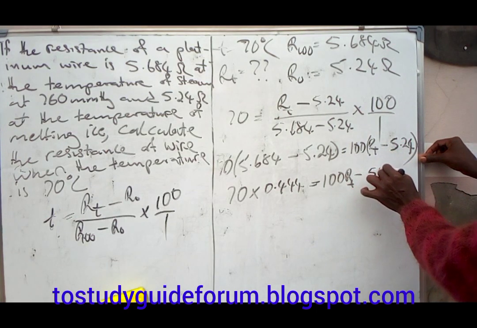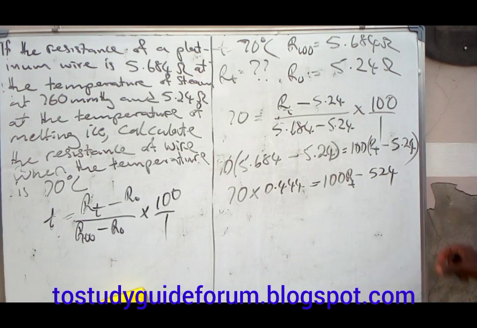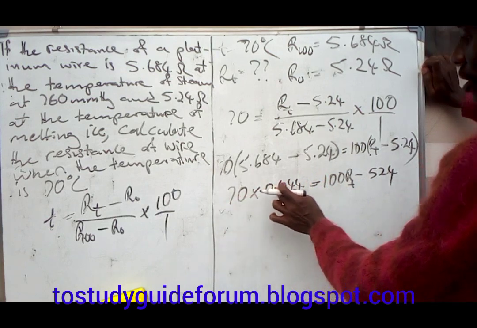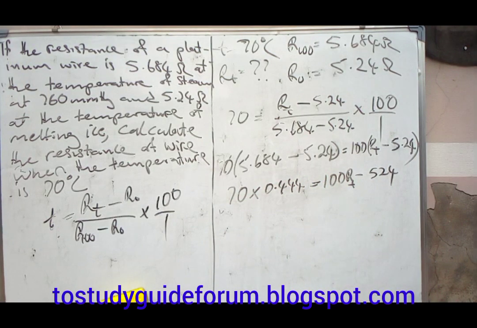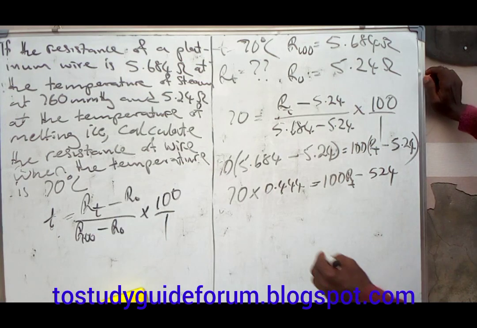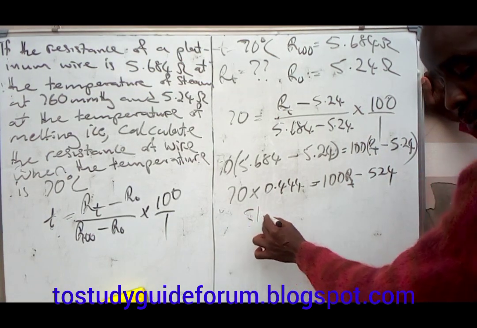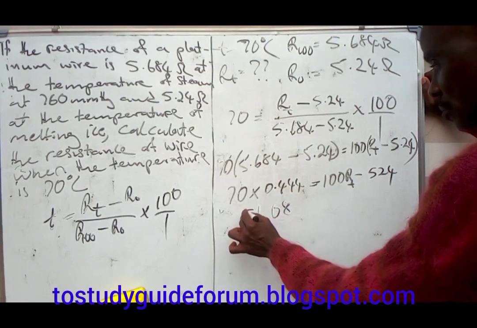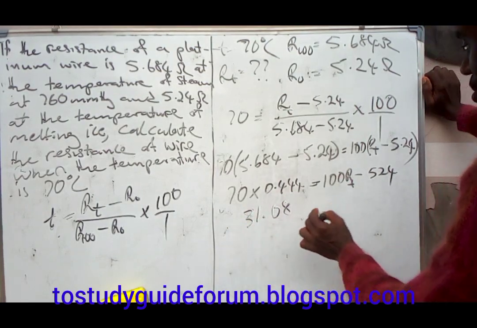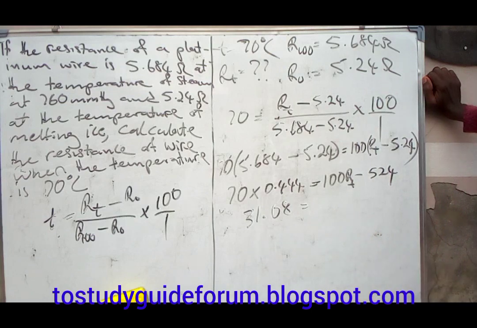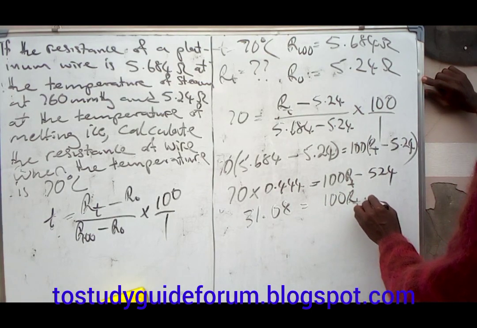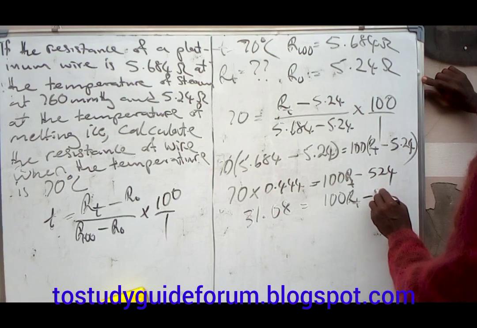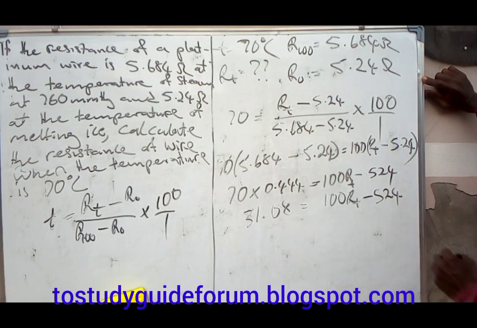Multiplying 70 by 0.444, we have 31.08, which equals 100 R_T minus 524.